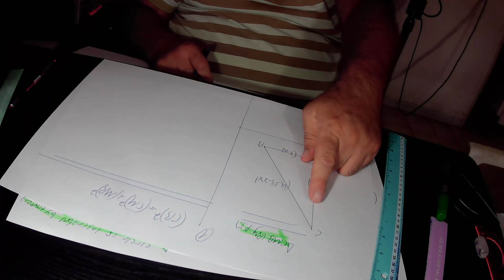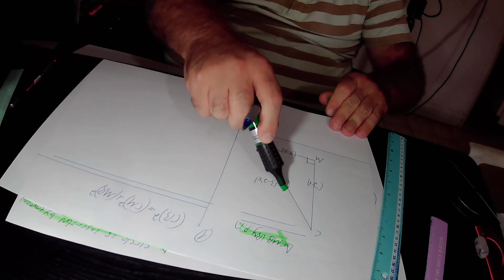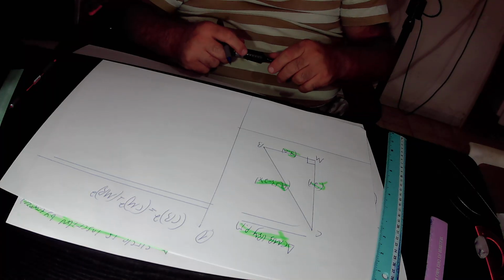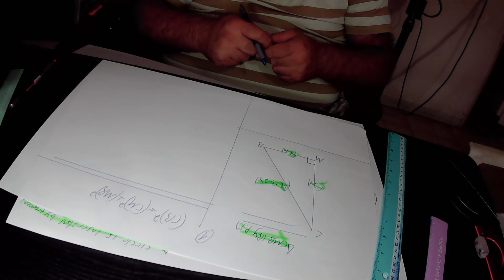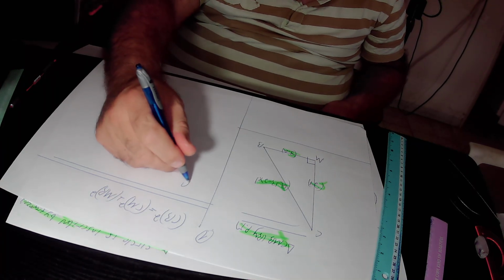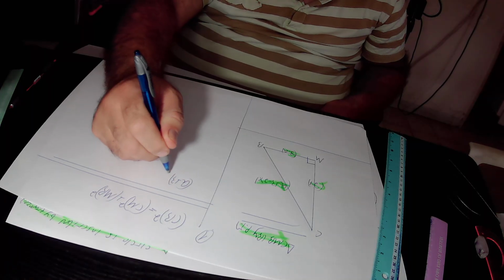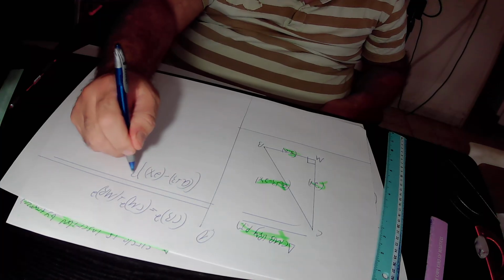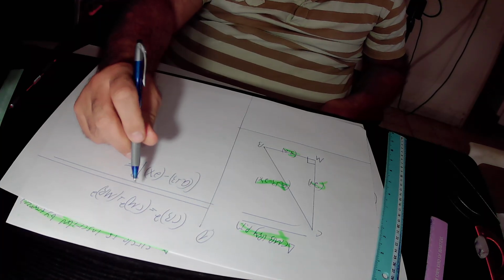The hypotenuse CB equals a plus 3 minus 2x. Therefore, CB squared equals (a plus 3 minus 2x) squared. And it equals CM squared.